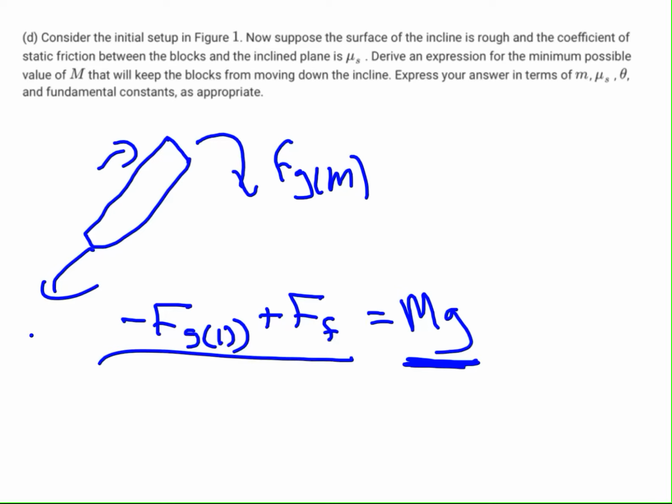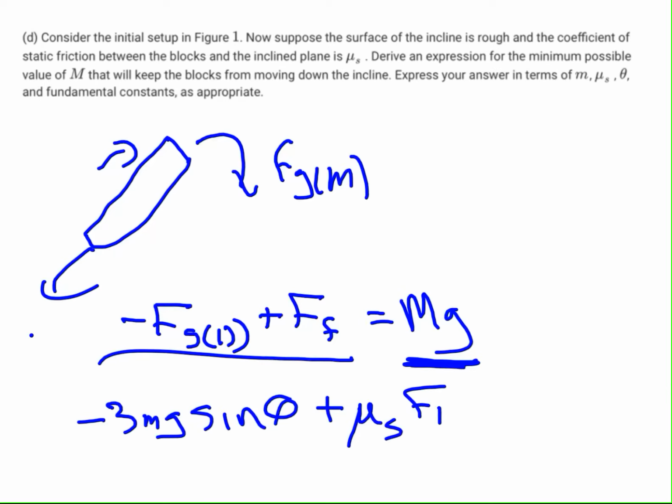Yeah, let's just leave it at that. Okay. So this is going to be negative 3mg sine theta plus mu static normal force equals big M G. Now, normal force isn't one of the things we can use.